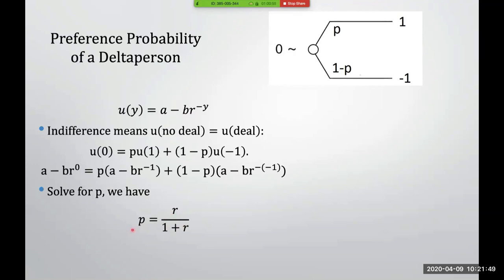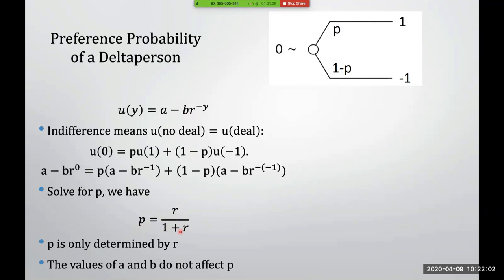And specifically, p will be equal to r over 1 plus r. Okay, something very important for you to remember: the values of a and b do not matter in the preference probability in this binary relationship.